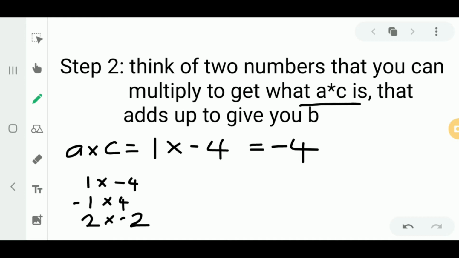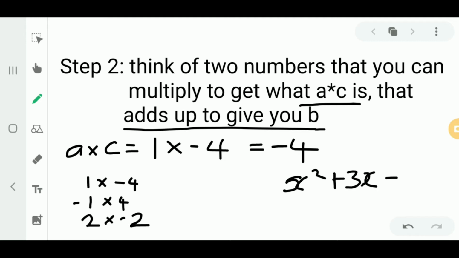Then it says, when you add these numbers together, you're supposed to get what b is. Now from the question we had x squared plus 3x minus 4 equals 0, so b was equal to 3.